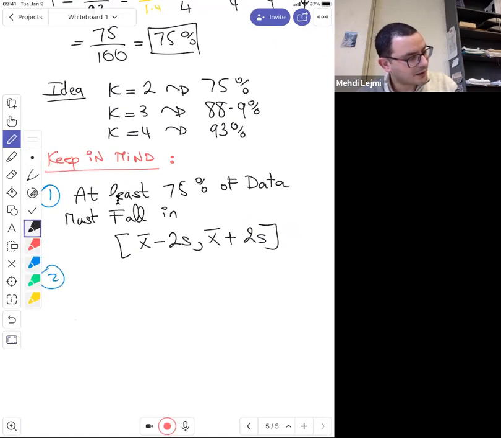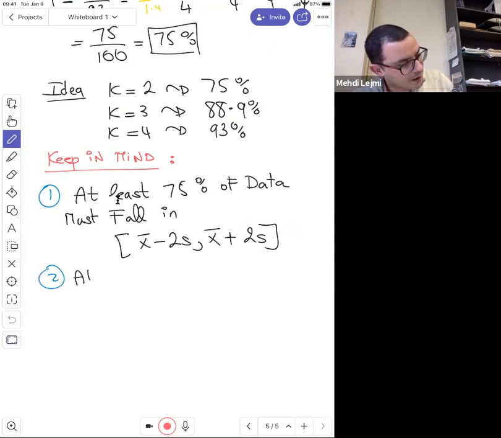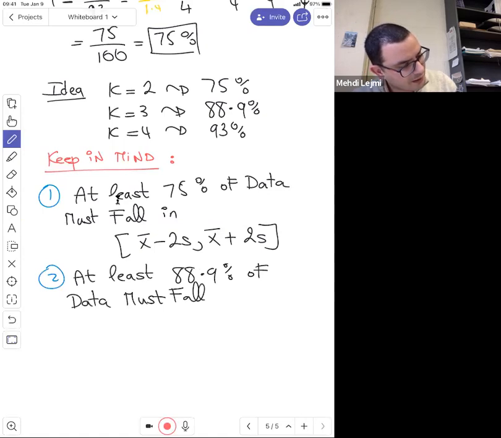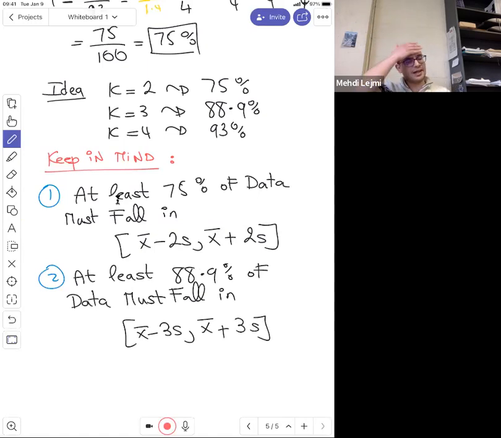So at least 88.9% of data must fall in the interval x bar minus 3s and x bar plus 3s. Again, x bar is the mean and s is the standard deviation.